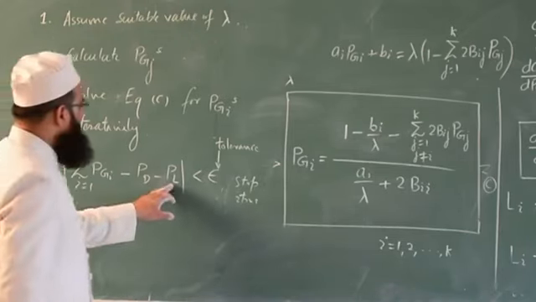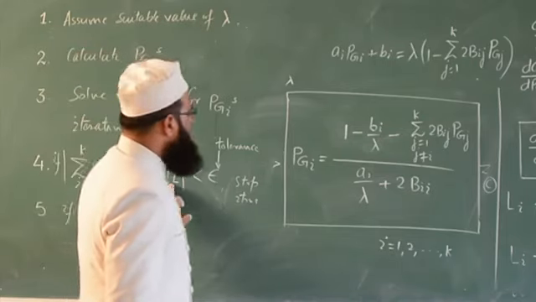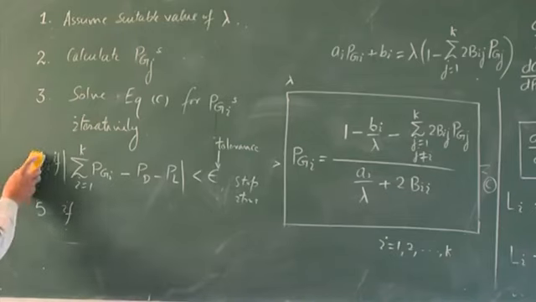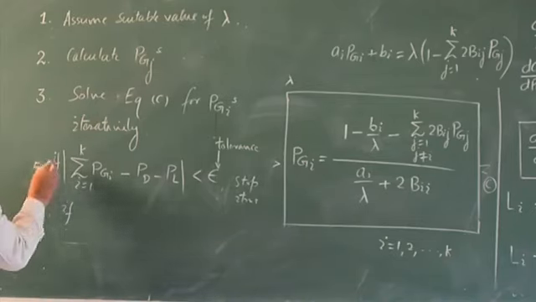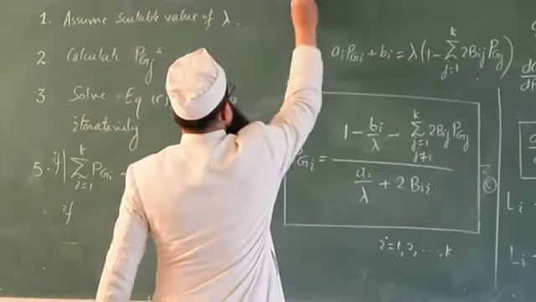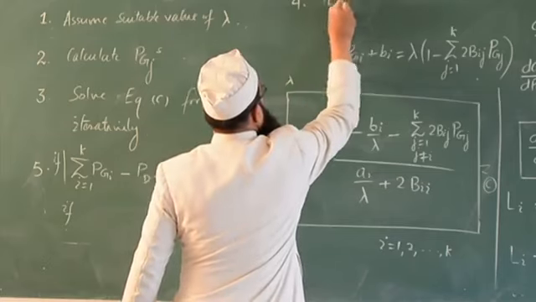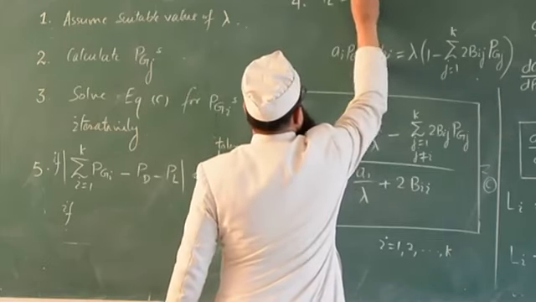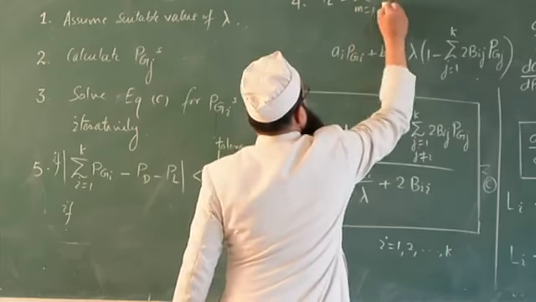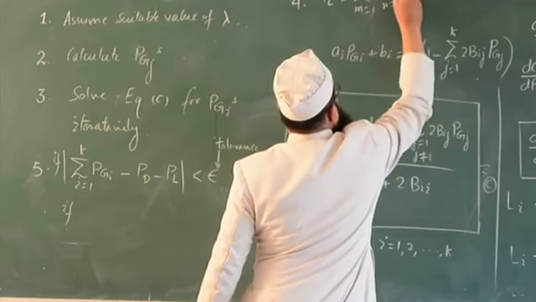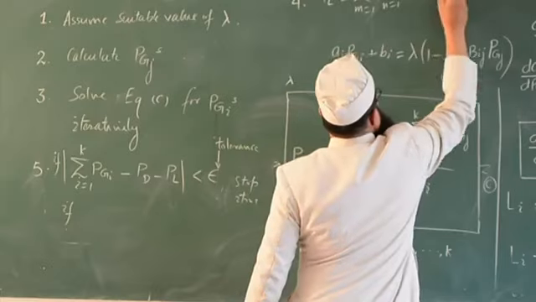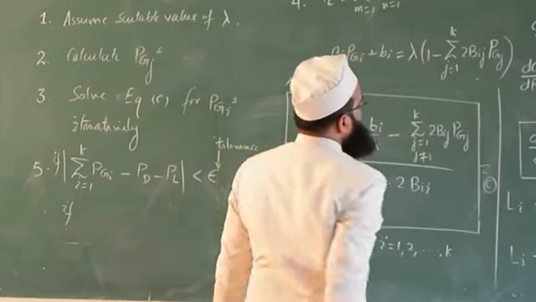we don't have PL calculated. So we are required to calculate PL also before comparison. So this will be step number 5, and before that, step number 4 will be: calculate PL, and PL is nothing but, using B coefficients, as we have discussed, summation m is equal to 1 to k, n is equal to 1 to k, PGM BMN PGN.